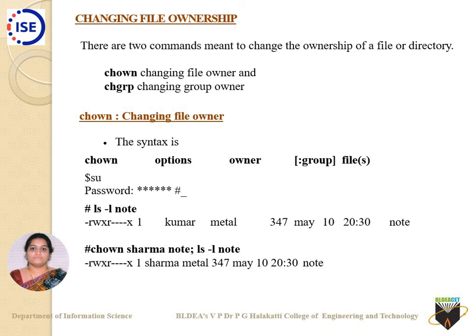So semicolon says that you can combine two lines together. It's not hard and fast, you have to use it like that. Just use chown Sharma note and press the enter key. In the next line you can use ls -l note. When you press the enter key, you can just find that previously it was Kumar as the owner, now Sharma is the owner of that particular file.